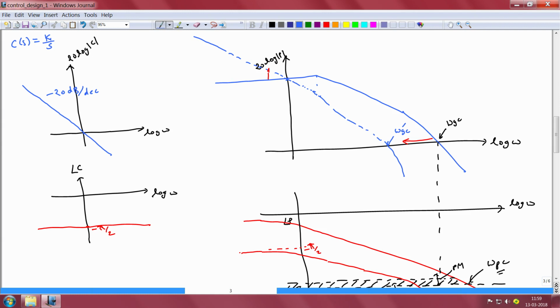Now, attenuating the gain of an open loop system is in some sense running against the basic motto and philosophy of control engineering. We want to have as high a gain as possible, because high gain is what allows us to get references to be tracked and disturbances to be rejected. Attenuation of the gain is counter to our objective as control engineers, and this is precisely what is preventing this controller from being able to track fast changing references.